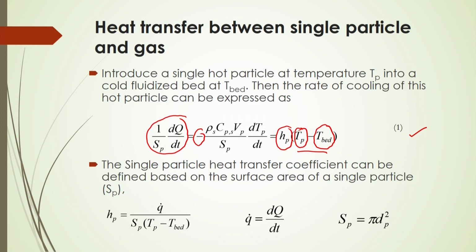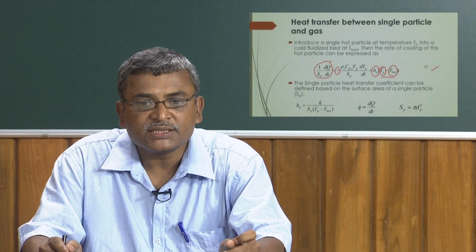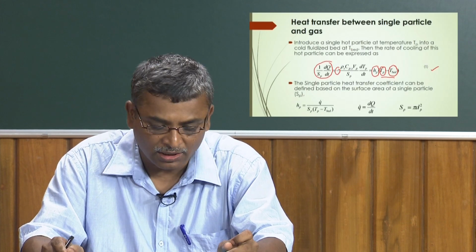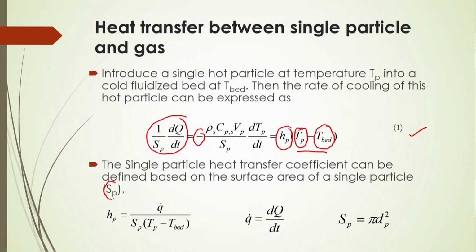Since we are applying this to a single particle, it is called the single particle heat transfer coefficient. So, the single particle heat transfer coefficient can be defined based on the surface area of the single particle, that is denoted by Sp.